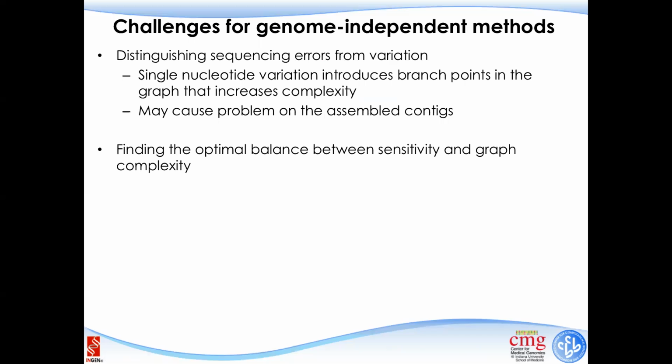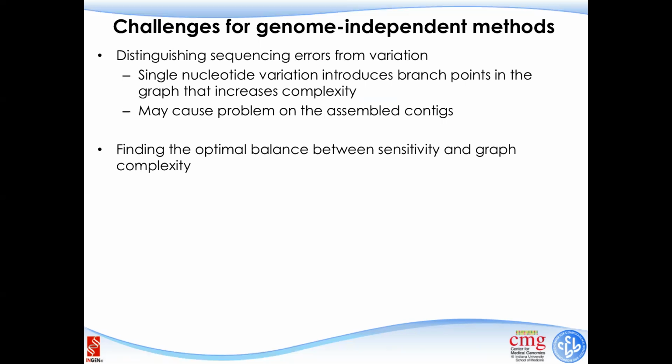And there are some challenges for the genome independent methods. First, distinguishing sequencing errors from variations. Some SNPs may introduce branch points in the graph that increase the complexity, and this may cause problems on assembled contigs.